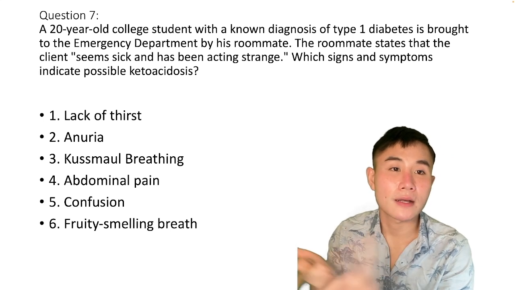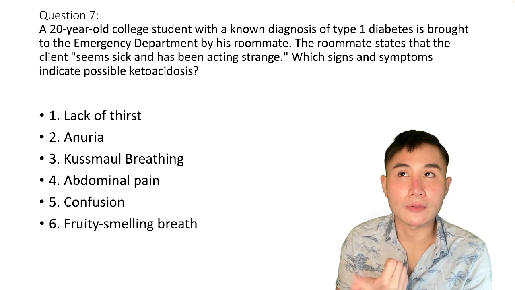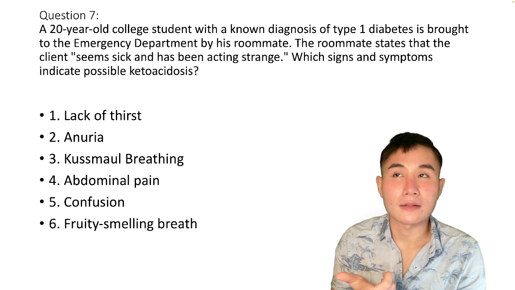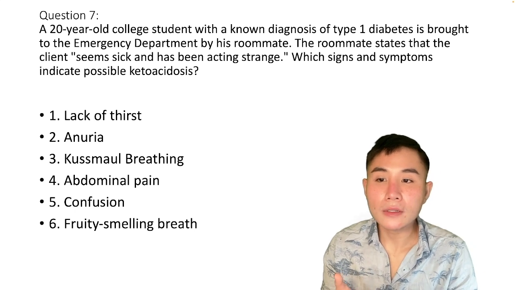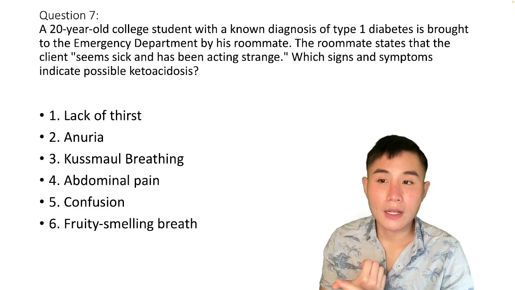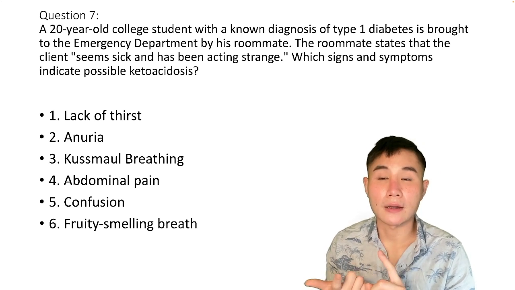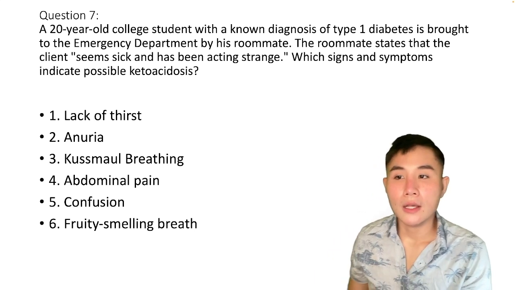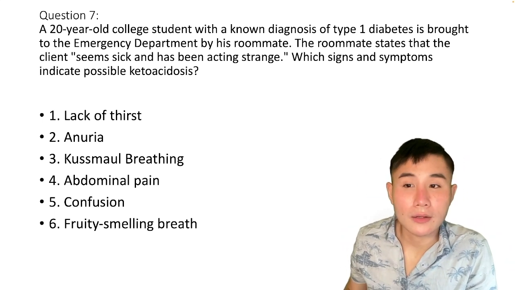So what are the signs and symptoms? Polyuria, polydipsia, and basically severe thirst, and peeing a lot. So number 1, lack of thirst, is obviously wrong.